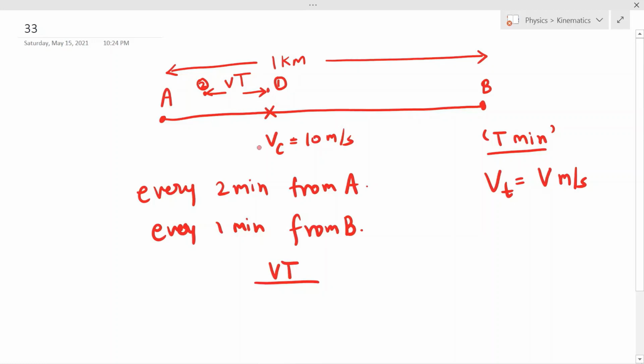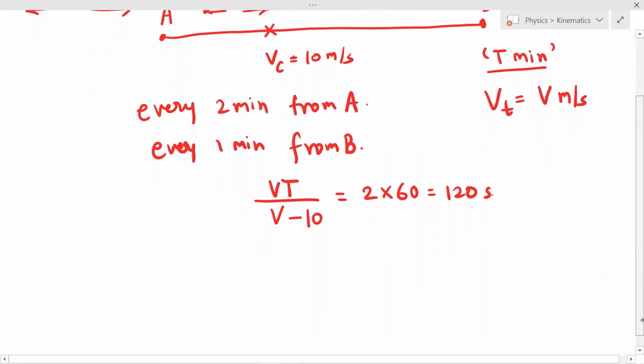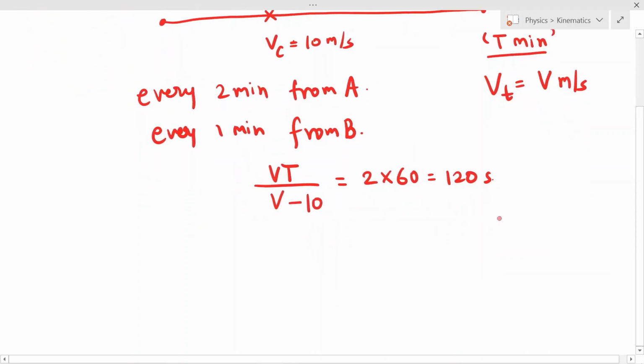With respect to the cyclist, what is the velocity of the cab? The velocity of the cab will be V minus 10. Assume that the right direction is positive and the left direction is negative. So this is V minus 10, and this is time. This time is 2 minutes, so 2 into 60, which is 120 seconds. So I have got this one formula: Vt upon V minus 10 is 120 seconds.